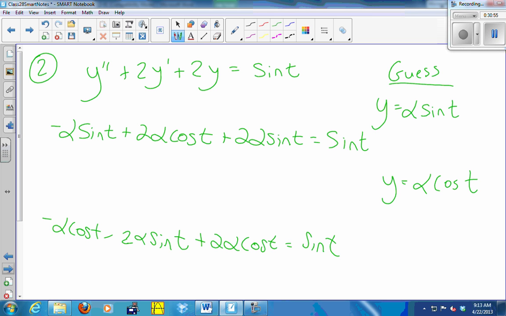No, because I have a negative alpha and a plus 2 alpha, so they don't cancel. So you're left with 1 cosine minus 2 alpha sine.